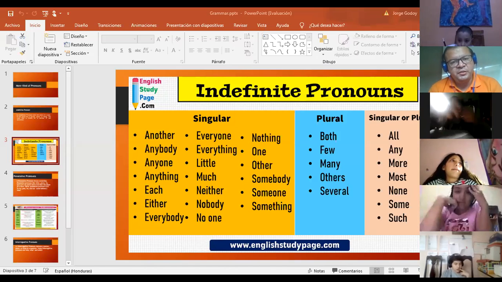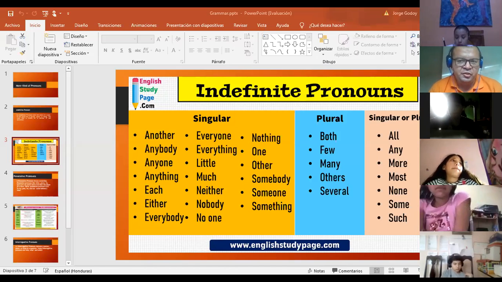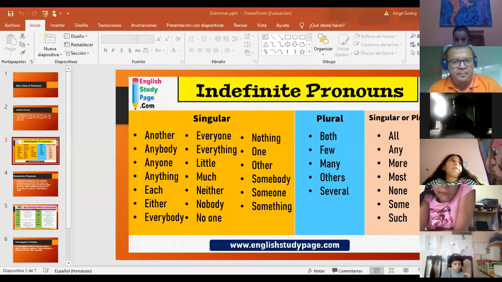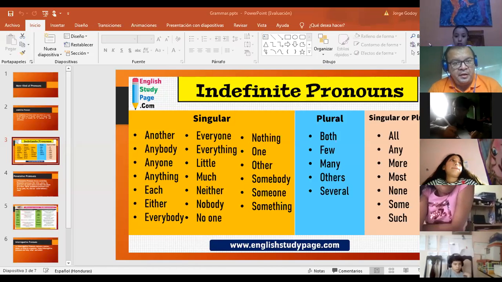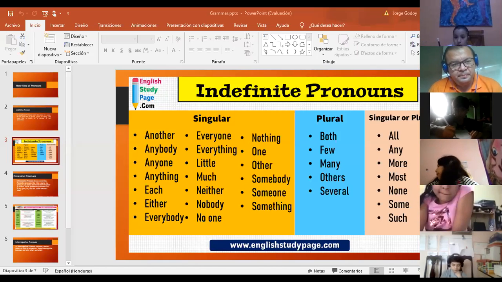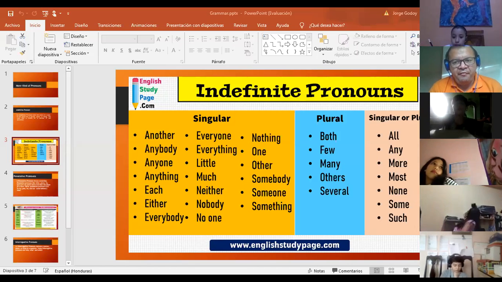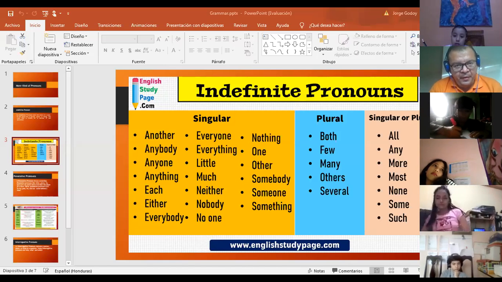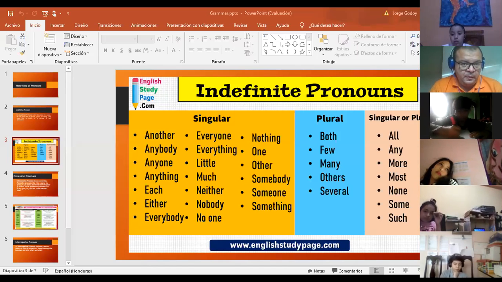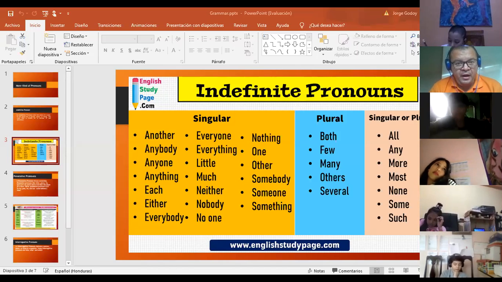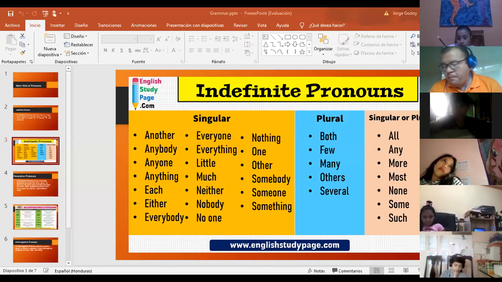For example, she is female. They could be male or female. I could be male or female. You could be male or female. It also could be male or female. We could be male or female.